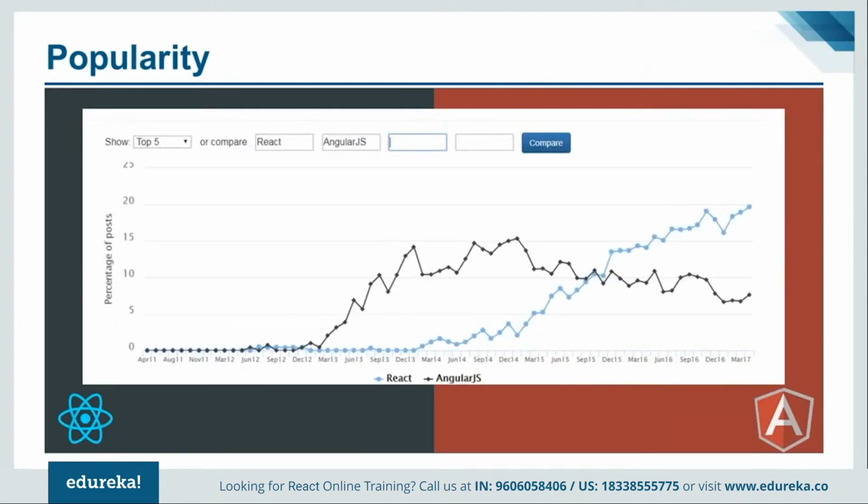This is basically the overall popularity of how these two frameworks stand. About 6 years back, Angular was in the very beginning, just getting started, and the popularity started increasing from somewhere around 2012, took off in 2013, and then increased steadily. React started somewhere around 2012, but its popularity started increasing from 2014.